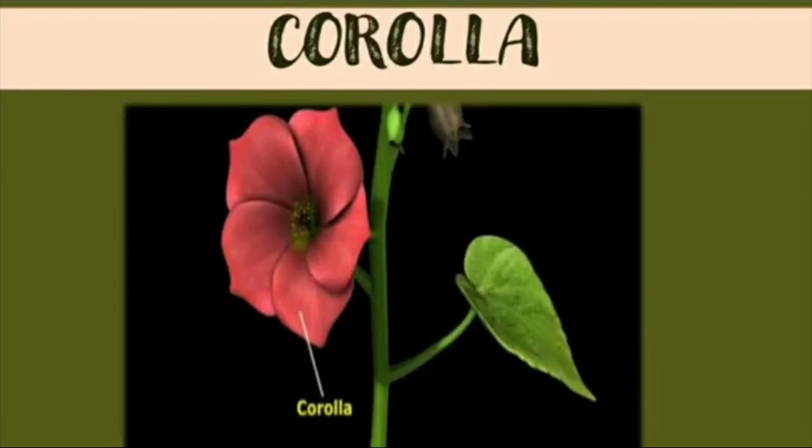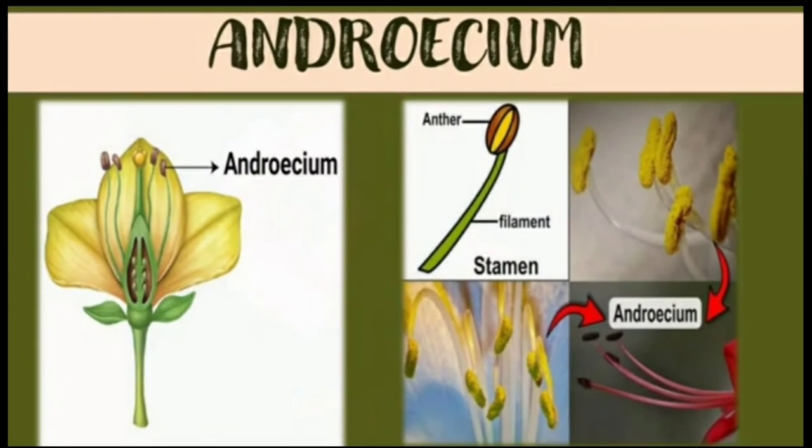The next is androecium. Children, androecium is the male reproductive part of the flower. It consists of stamens. Now children, look carefully at the figure of a stamen. Each stamen is made up of an anther, which is present at the tip, and a filament.